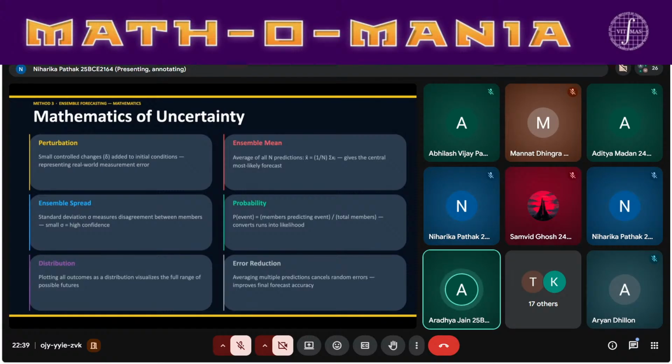Now, how do we distribute all this? We plot all the outcomes, and then we will be able to visualize all the possible futures which we might have. So this actually reduces the error. How does it reduce the error? When we average the different kinds of predictions which we have, it cancels out the random errors.